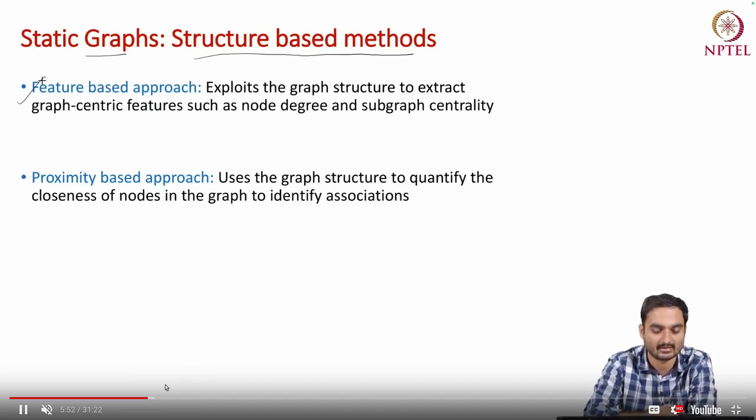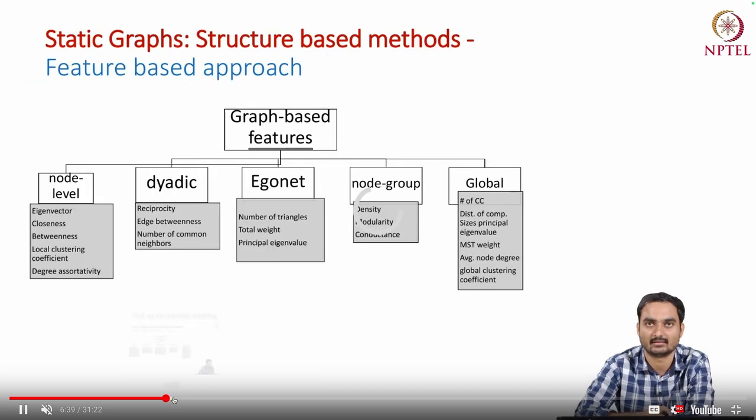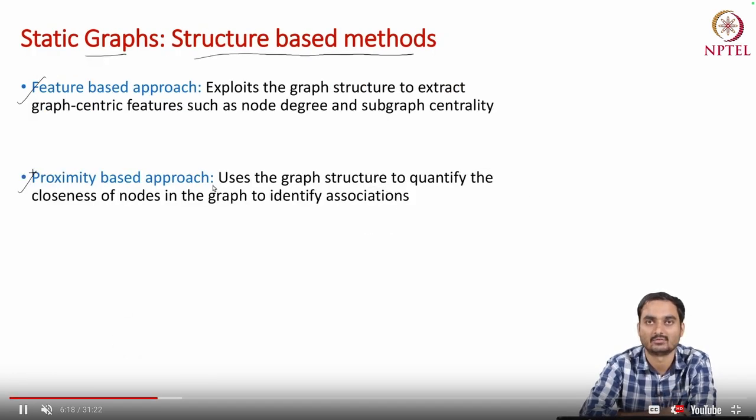Where is it exactly? See, if you open it at 6 minutes 19 seconds, you will see that the structure based approach internally has feature based methods and proximity based methods. So common neighbors and Adamic Adar, they fall under proximity based.